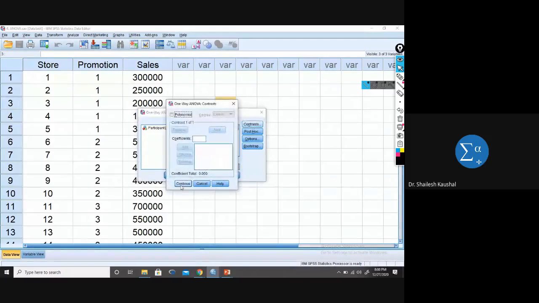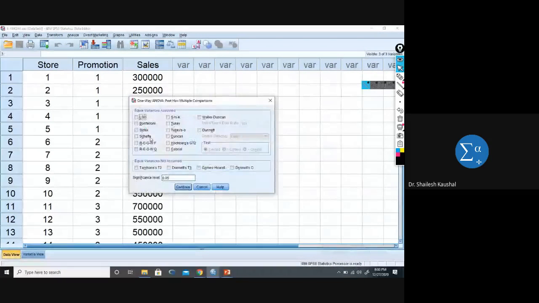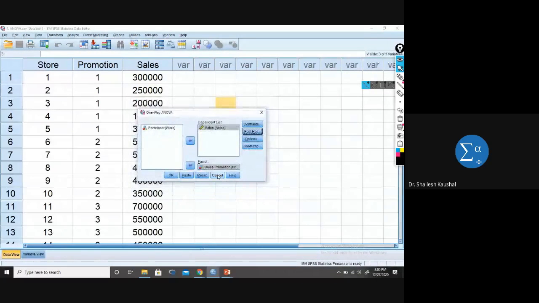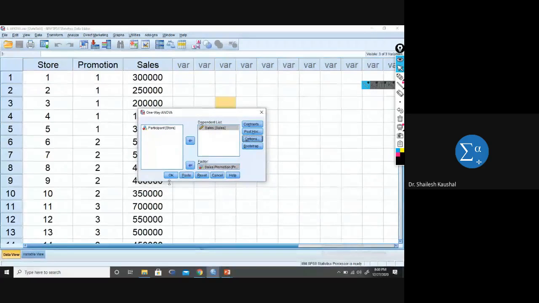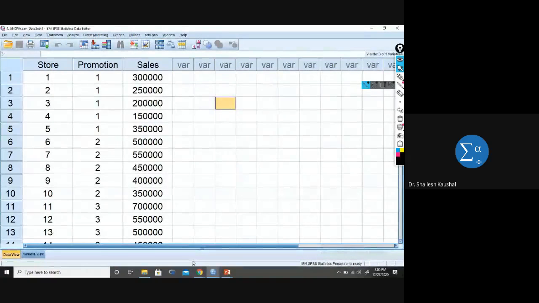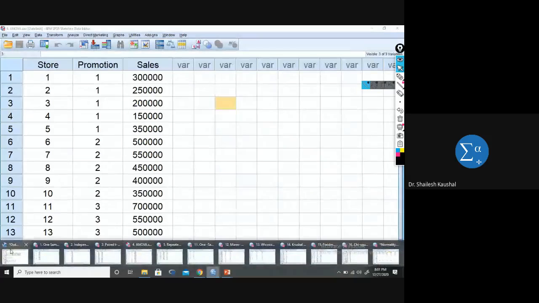Contrast, nothing to do. Post Hoc analysis, Bonferroni, and then Continue. What is the purpose of Bonferroni? I will explain in the output. Then Options, Descriptive, Homogeneity of variance, and then Continue. Now I am showing you the output.